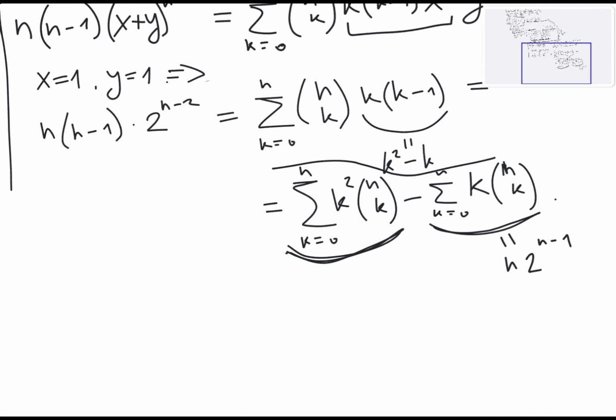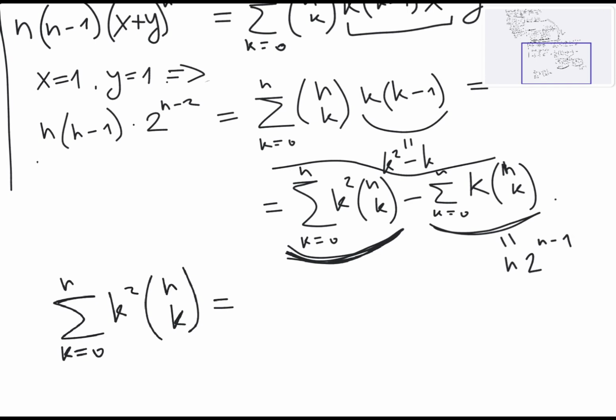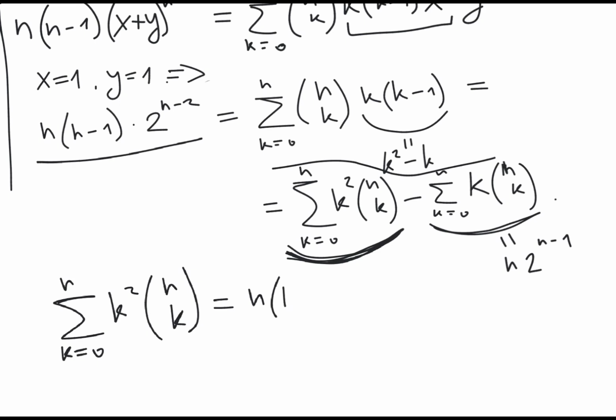Then we can express the sum that we need to find, for k from 0 to n of k squared times n choose k, as the left hand side, n times n minus 1 times 2 to the power n minus 2, plus n multiplied by 2 to the power n minus 1.